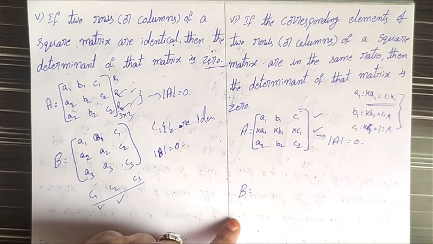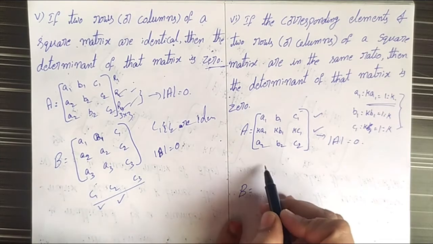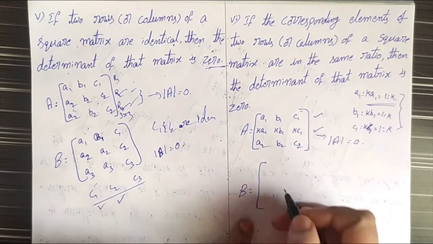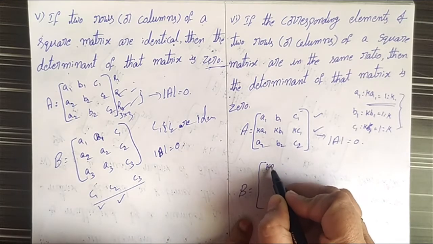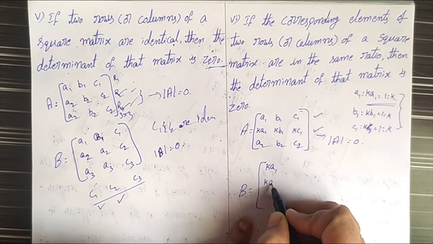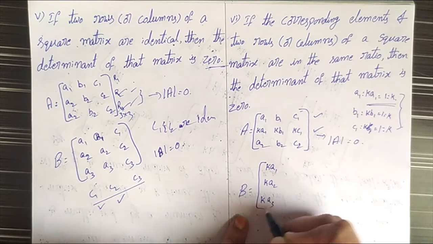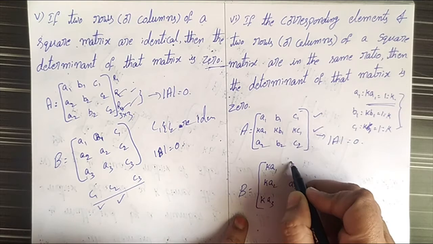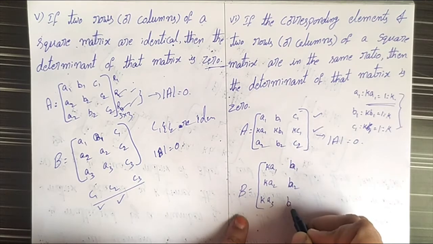For another example, let B equal to a matrix where we take two same ratio columns: k a1, k a2, k a3, with A1, A2, A3 and B1, B2, B3.